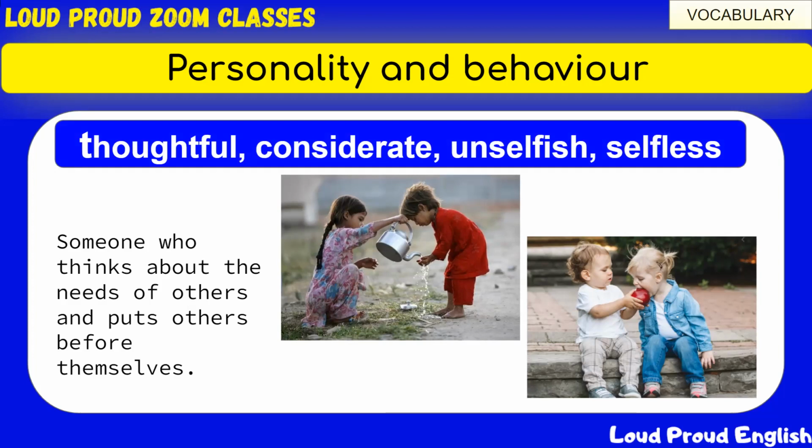So selfless is like when you completely don't think about yourself and you put other people before you. Not too many people are truly selfless, but a lot of times parents need to be selfless, and parents are selfless many times. But we have thoughtful, considerate, unselfish, selfless.